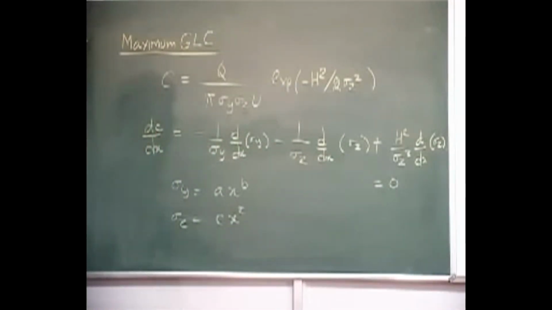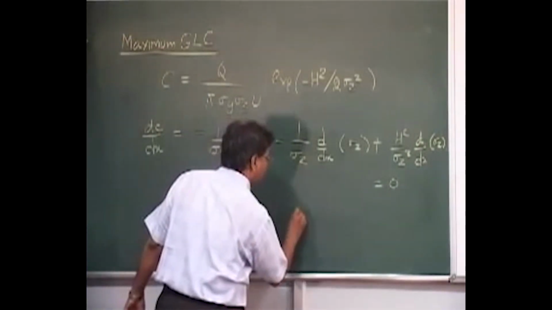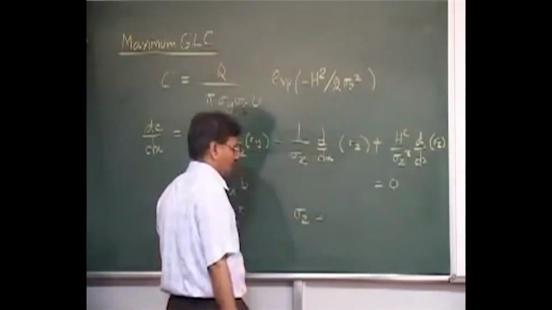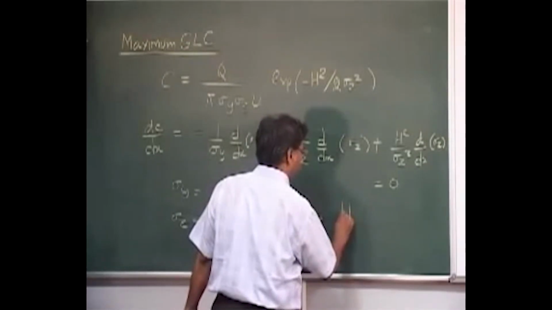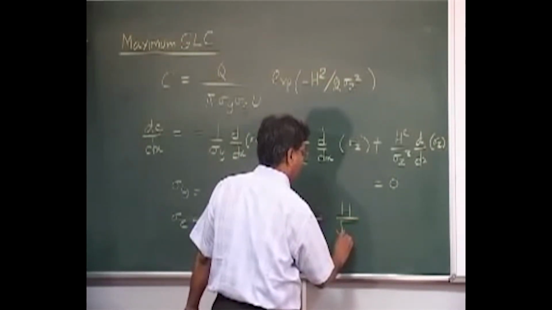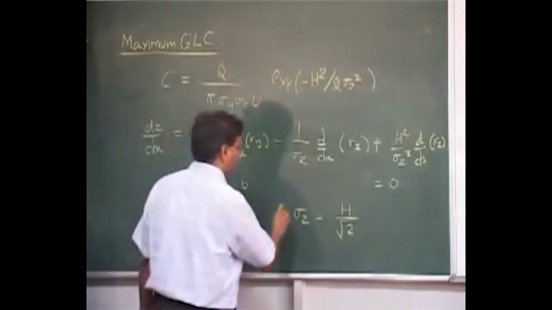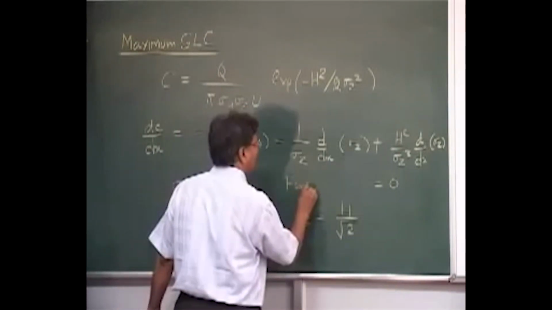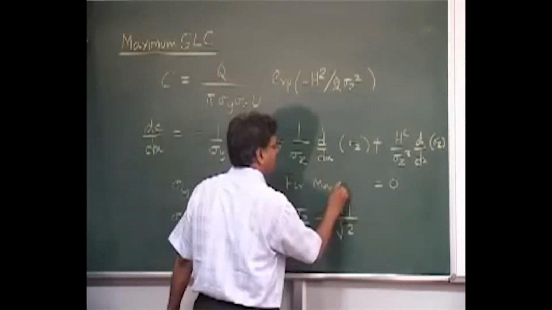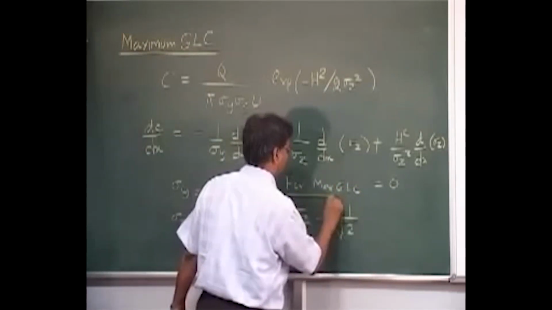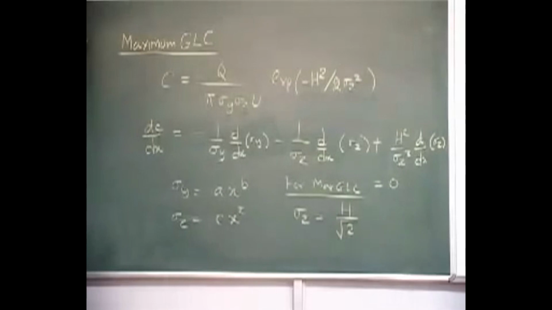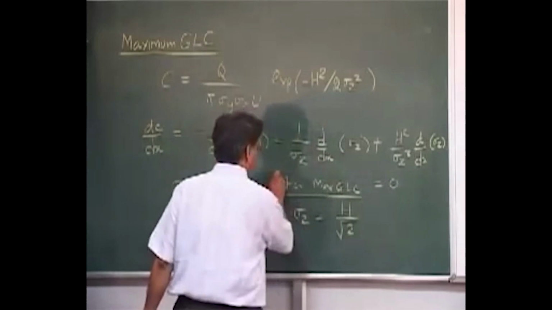And then finally, what you will see is that when you equate this equal to 0, this condition comes out to be that sigma z equals to this.